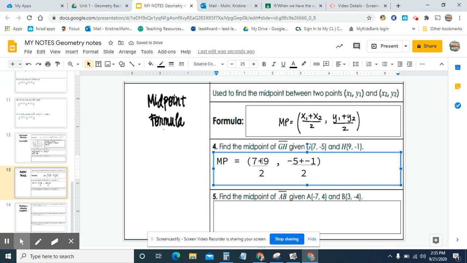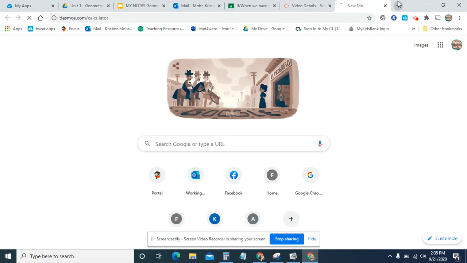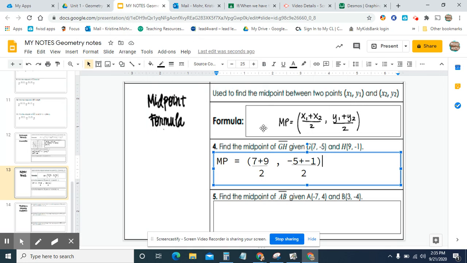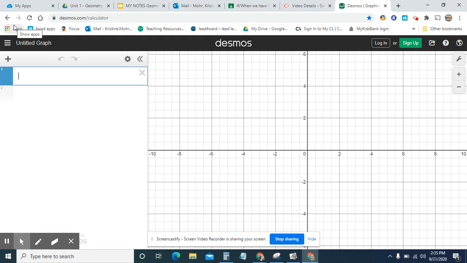So for our x's, 7 plus 9 divided by 2, -5 plus -1 divided by 2. So if you forget in your calculator, you can do this really simply. So we are doing 7 plus 9 divided by 2. In the calculator, what you're going to have to do is put that top half in the parentheses.